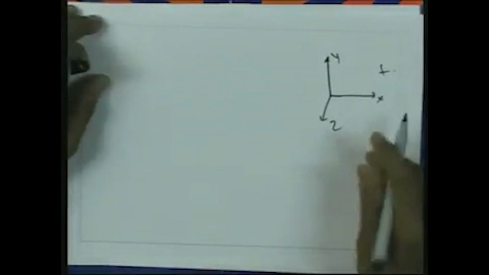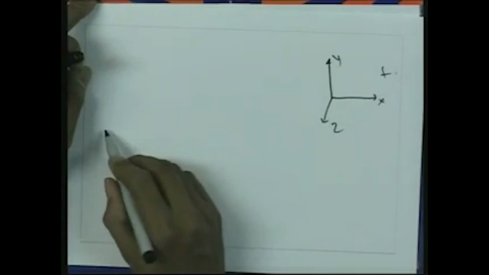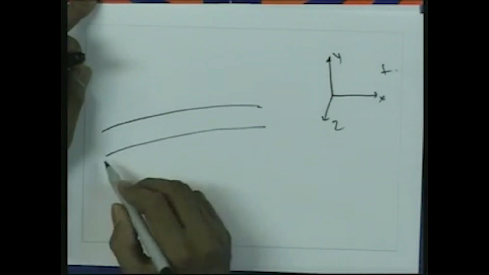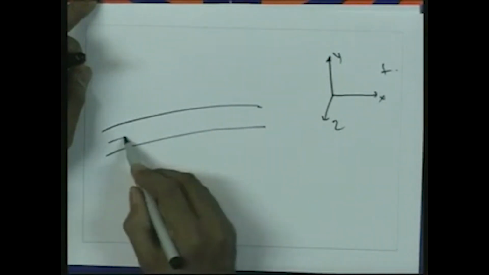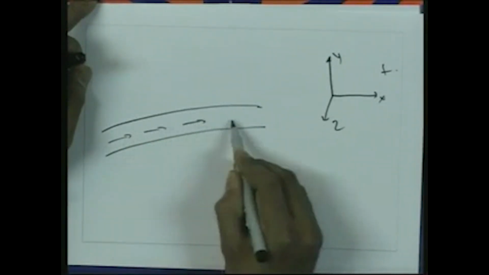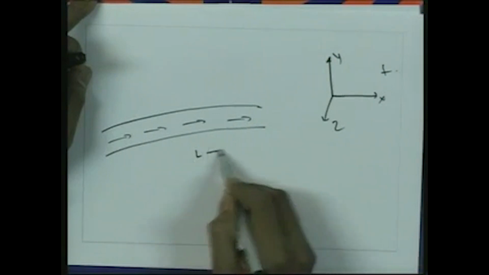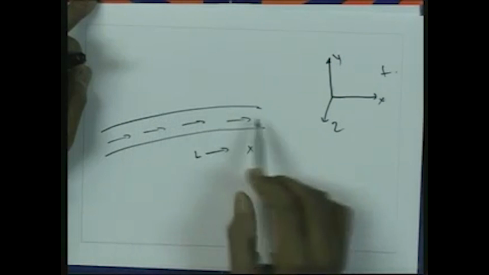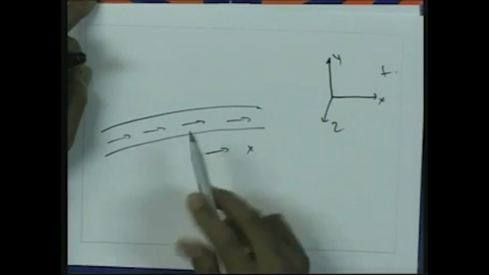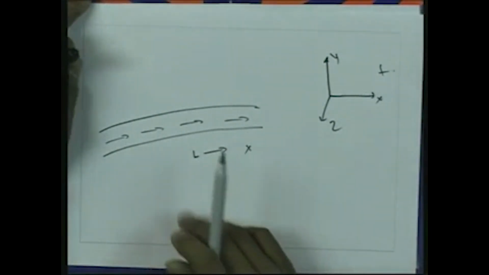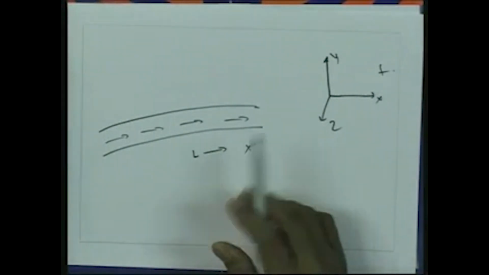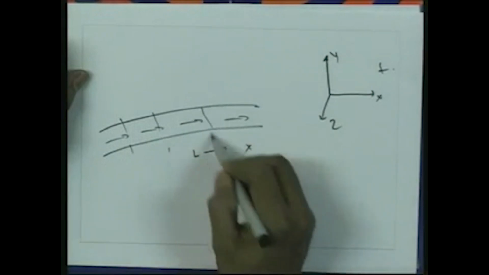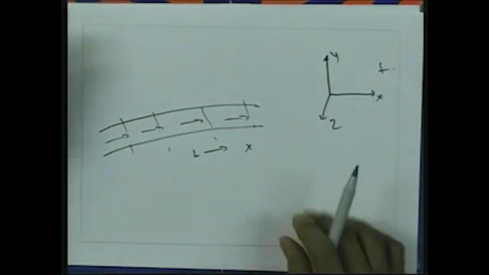But in many problems, for example when we discuss a river flow, we may want to know what happens with respect to the longitudinal direction, say L, or here the x direction. If we want to know what happens to the flow properties like velocities, head or pressure along this longitudinal direction, then it is better to consider the fluid flow as one dimensional.